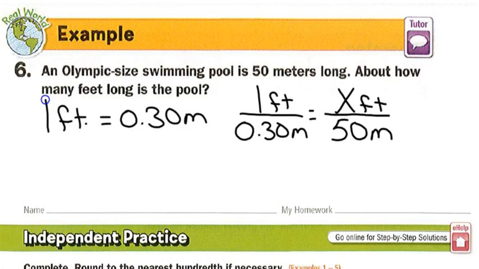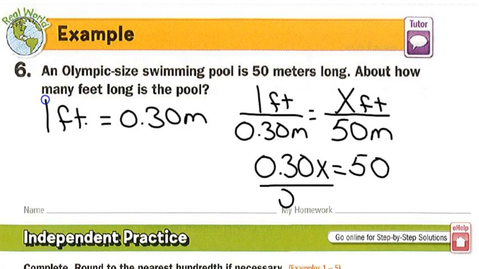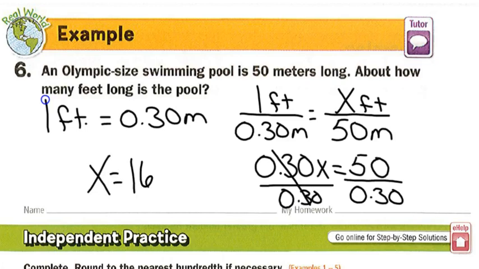X times 0.30 is 0.30x. 1 times 50 gives me 50. I'll just divide by whatever is being multiplied by my variable. And I ultimately find that x is equal to 166.67 feet. So that's how long the swimming pool is.